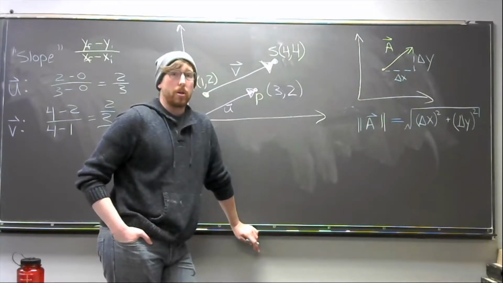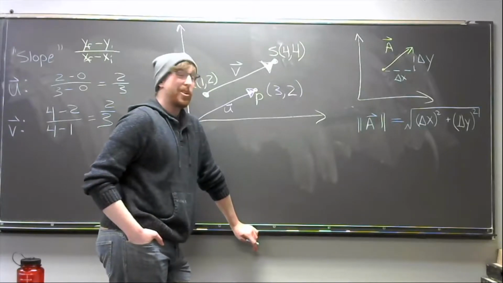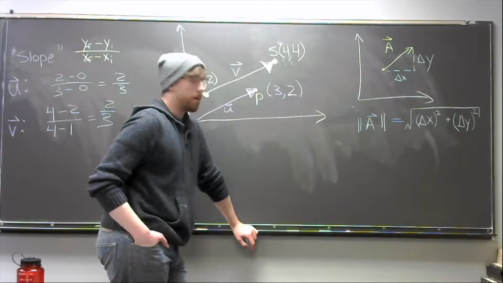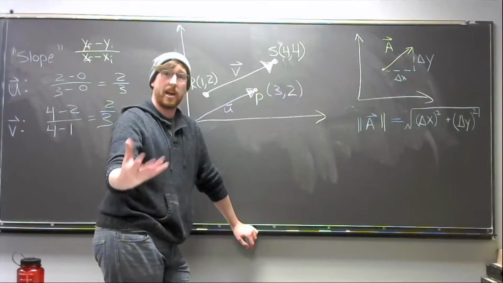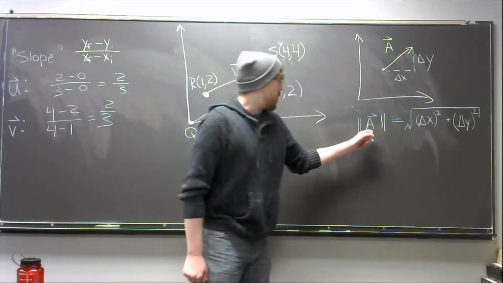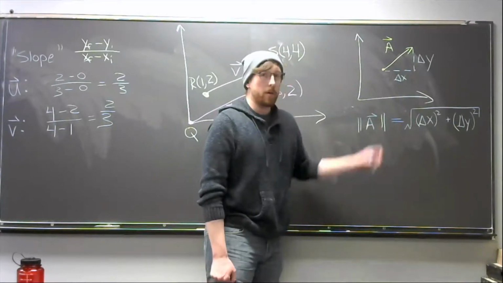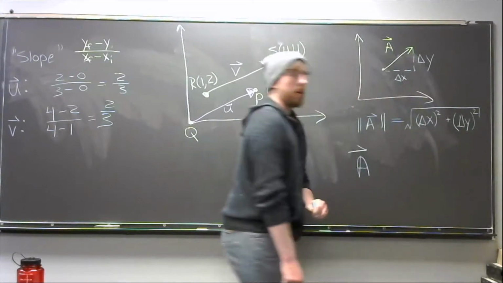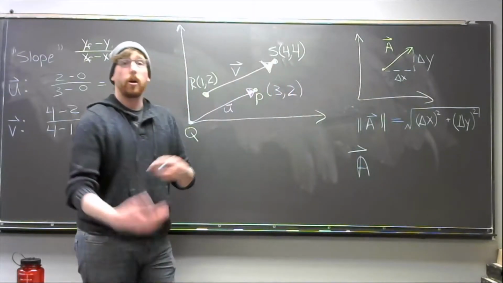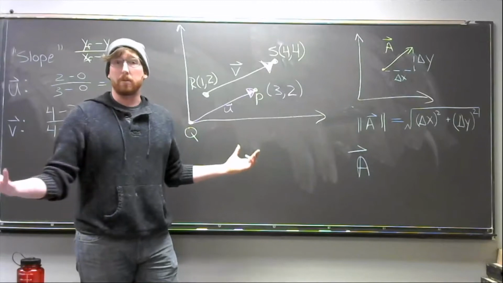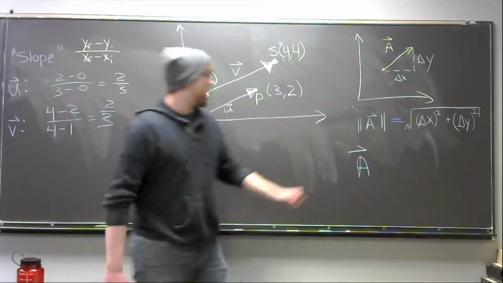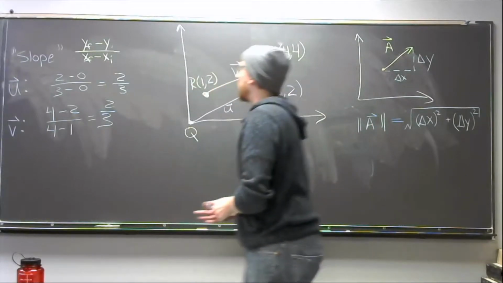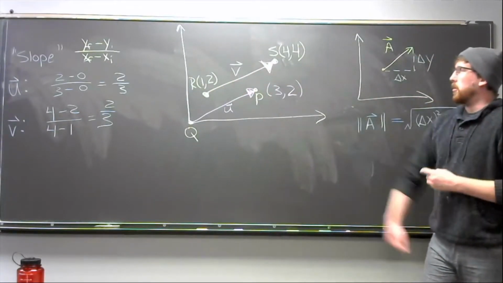In a textbook, we generally use bolded font. So in homework or on an exam, you'd want to write it with an arrow above. So like that, right? In the book, it's going to just be bold. Okay, having gotten that out of the way, let's turn back to this problem.